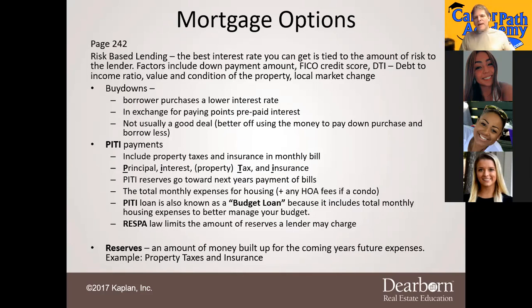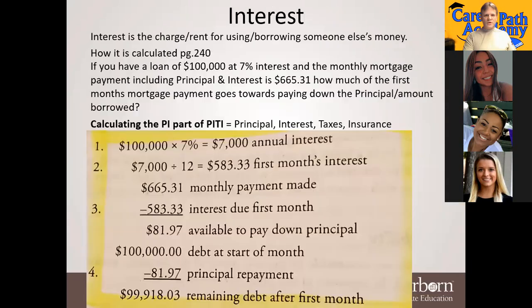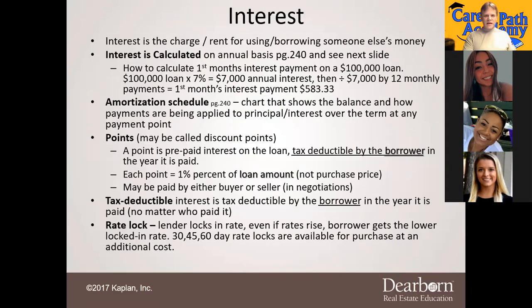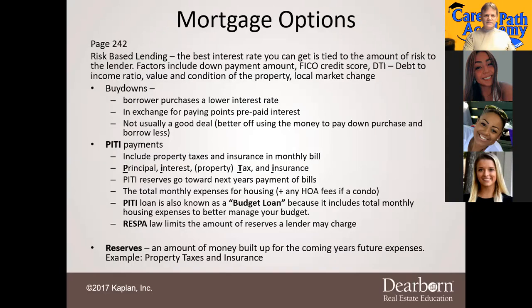Now, I want to back up just a moment here because we didn't highlight something on this page called a rate lock. I think we discussed it before though, somewhere. Rate lock, yeah, it was on this page, at the upper part of the page.